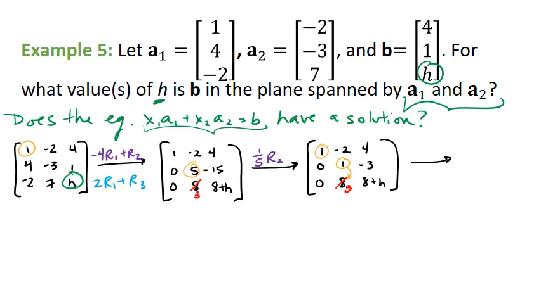Okay, so we want that 3 to become a 0, and the way we correct that is by taking -3 times row 2 plus row 3 to get the new row 3. So we end up with the following. This becomes 0, 0, 17 plus h.